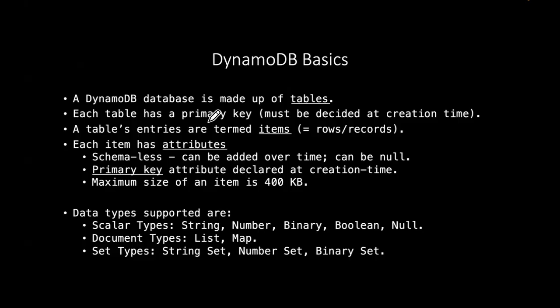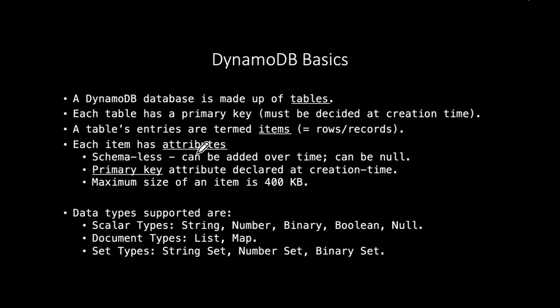And again, we actually don't use the word record. We talk about items. So each table consists of items, but when we talk about items, that's really a record in old terminology. Each item has attributes. We would have used the term fields in the relational world, but we talk about attributes.